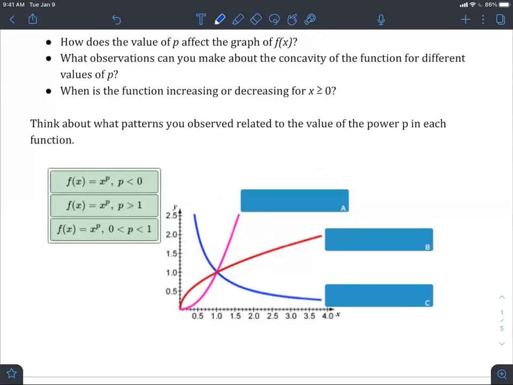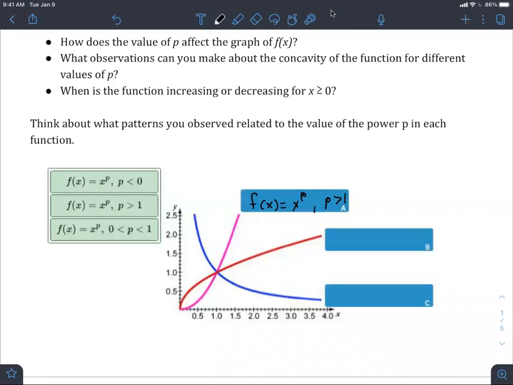And in general, at least in the positive quadrant, these will form some kind of parabolic behavior. So in general, if f of x follows that x to the p model and p is greater than 1, it's going to, in general, kind of look like that pink curve path.